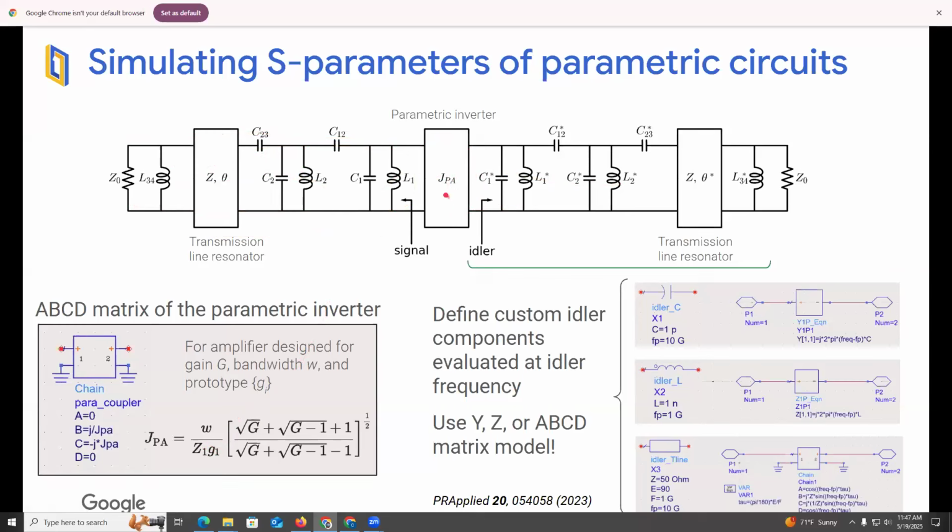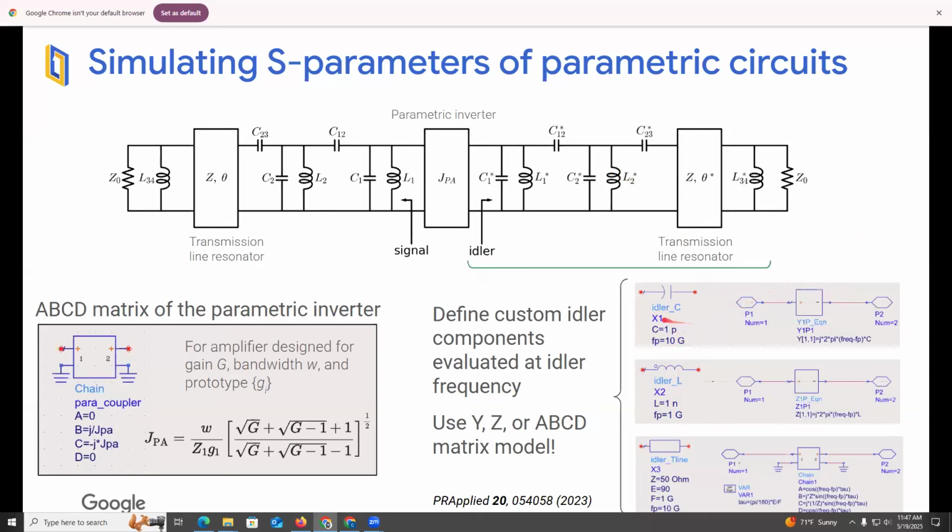But then you need to build a circuit to represent the idler, and all these elements are just linear elements, but they're evaluated at the idler frequency. So they're evaluated at a different frequency than the simulation frequency. You can do that by building yourself a library of what I call idler components.